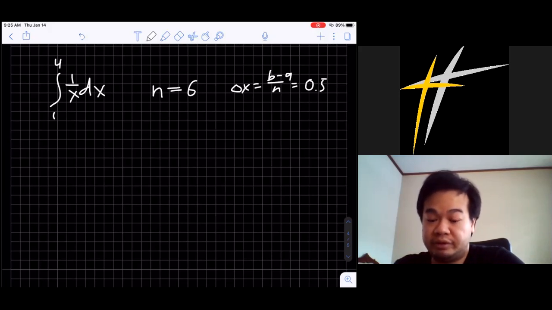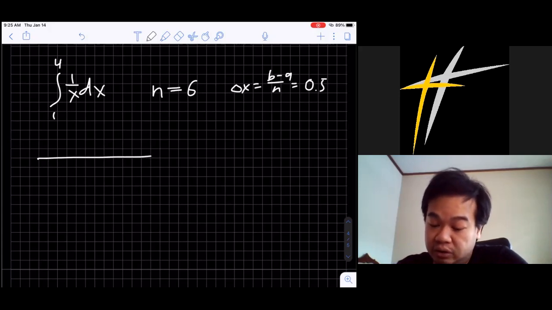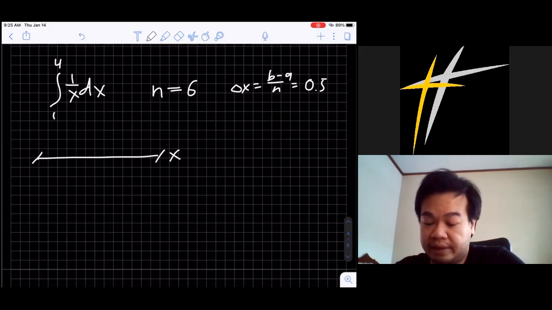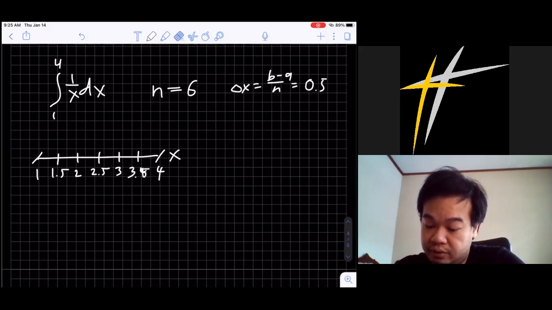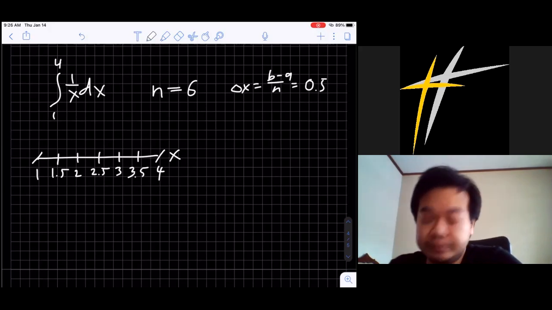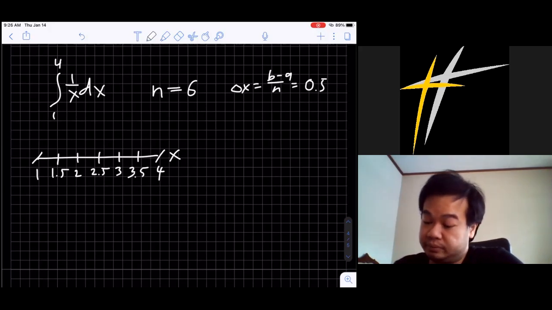So if I draw a one-dimensional number line from 1 to 4, and I divide it into 6, it means that it's 1.5, 2, 2.5, 3, 3.5, and 4.